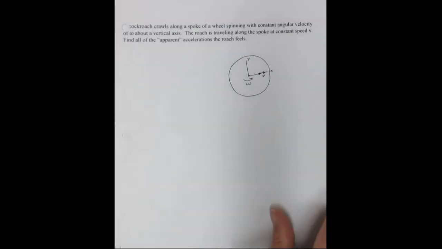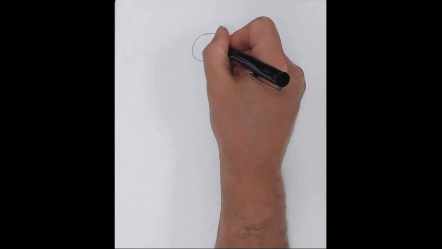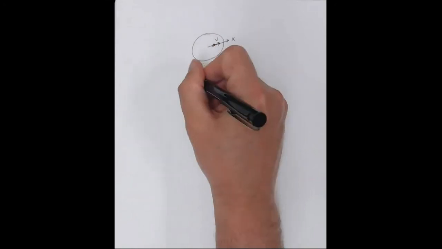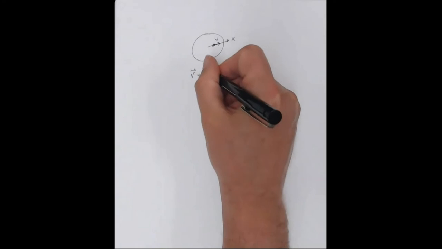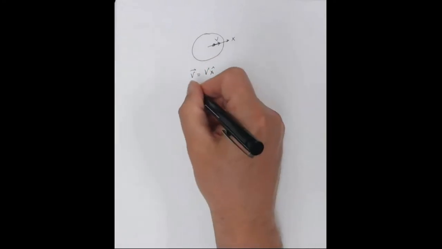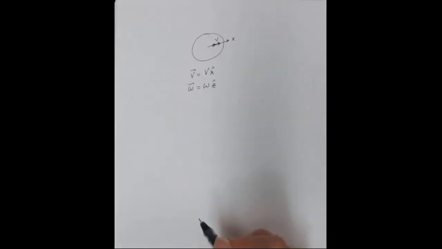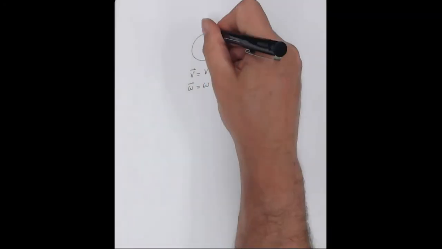I'll write on this. The bug's moving along the x-axis at constant velocity v, so v is equal to v x hat. Omega is omega z hat. This was our y-axis.